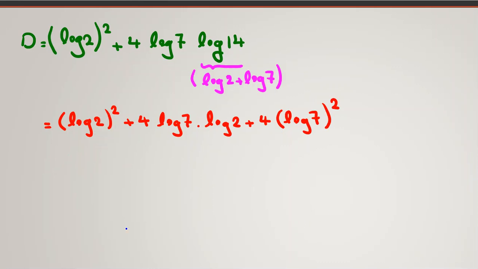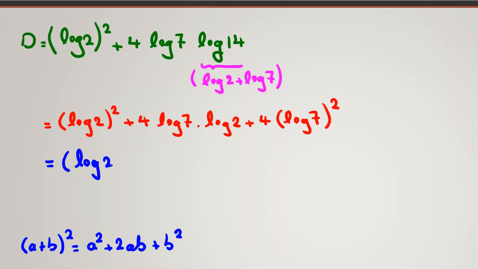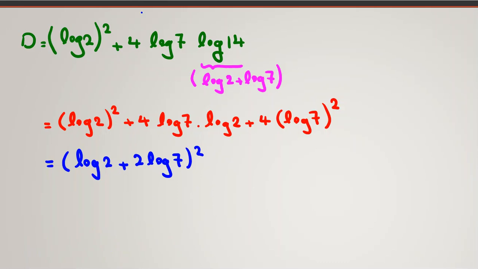Look here, a plus b, the famous identity: a plus b squared is a squared plus 2ab plus b squared. Here, I can write it as log 2 plus, if you take 4 inside, 2 log 7, all squared. It will be exactly this.